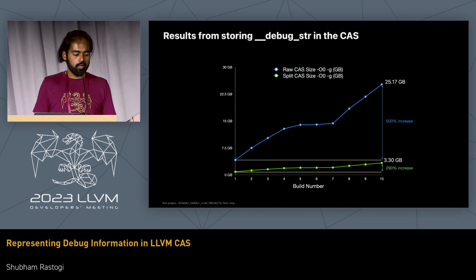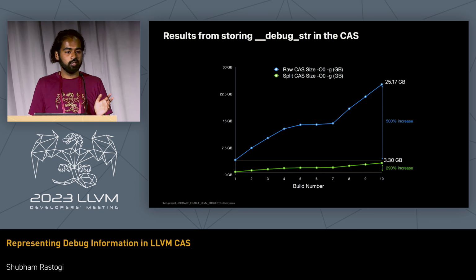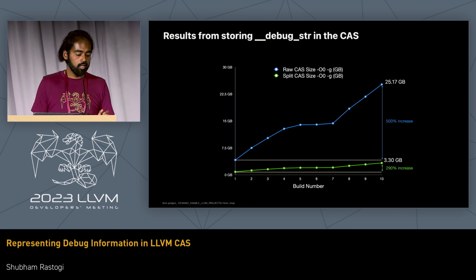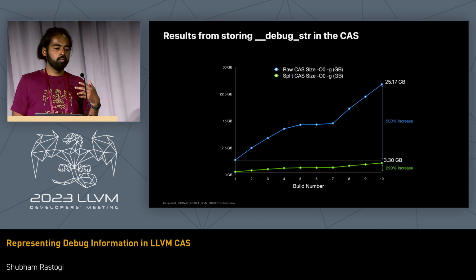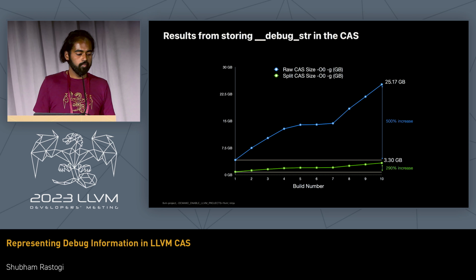When we plot that out, this graph contains just the size of the debug string section. In blue, we have the size of the CAS with just the debug string section, where we create one CAS object per debug string section. And in green, we have the size of the CAS where we create one CAS object per string in the debug string section. Because of deduplication, we get a much smaller size.